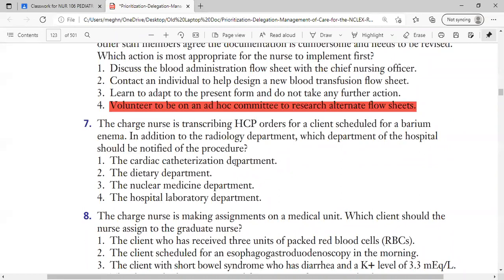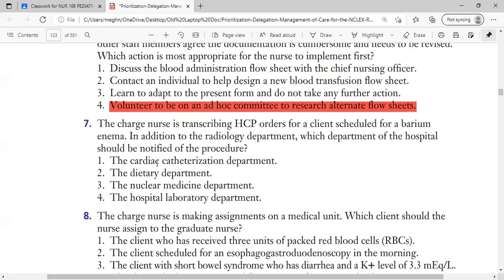This procedure is performed in the radiographic department and is testing the gastrointestinal system, so the cardiac catheter lab does not need to perform the procedure.